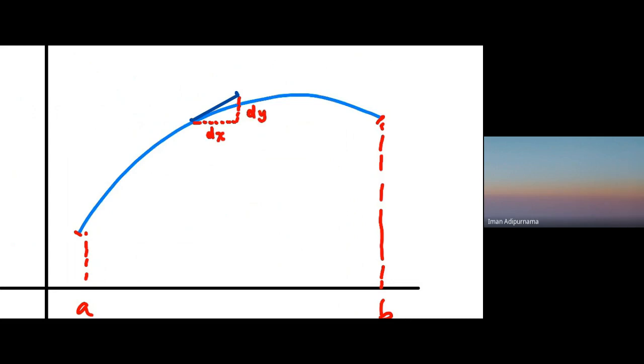We have 2 components. And the component along the tangent, let's say that is dl.